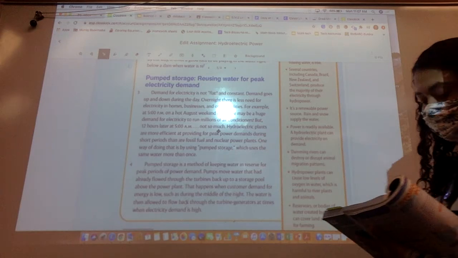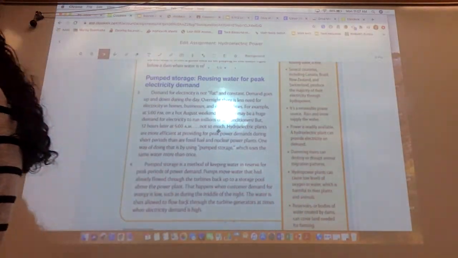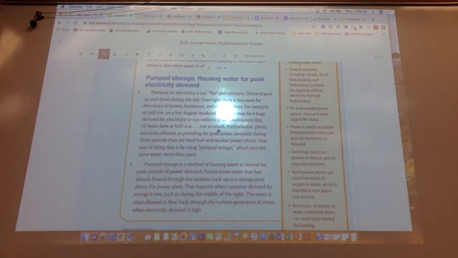The water continues past the propeller through the tailrace. The water then flows into the river past the dam. By the way, it is not a good idea to be playing in the water right below a dam when water is released. Unless you want to drown.